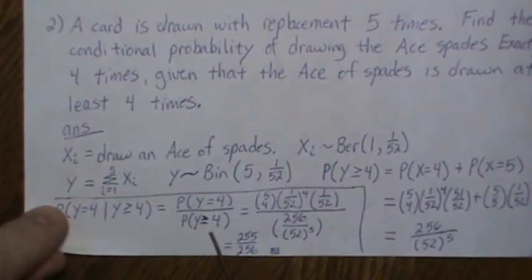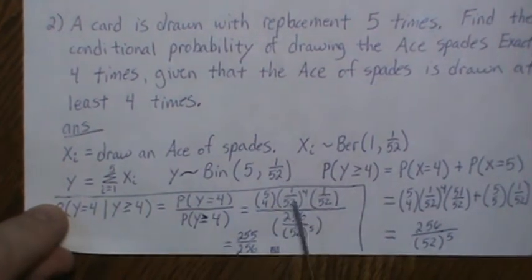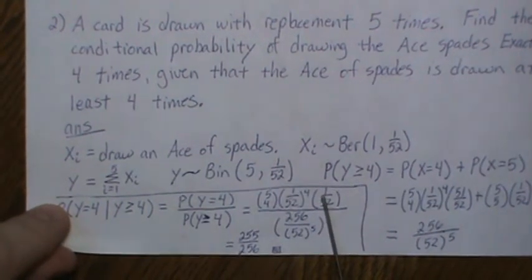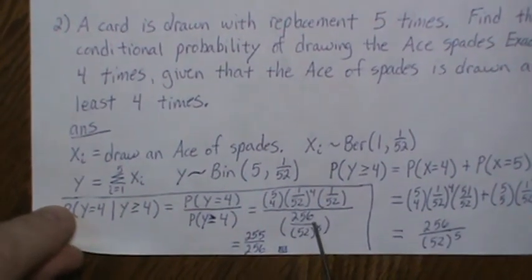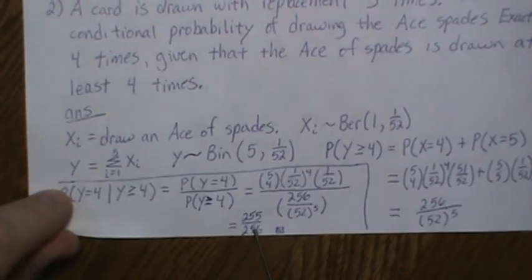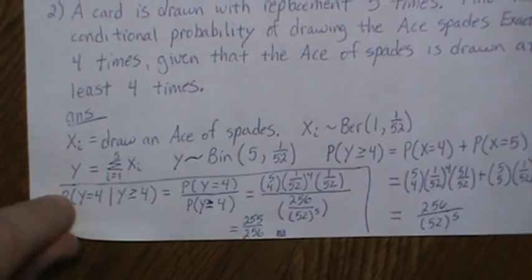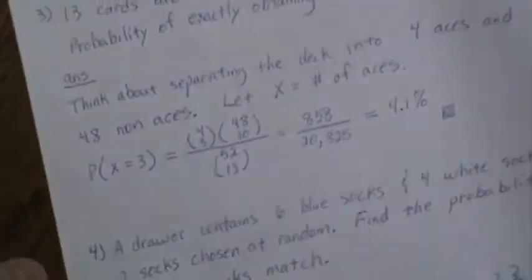And then that piece is the probability that Y is greater than or equal to 4. Well, this is a binomial, so you plug it into the binomial formula, same as this piece here. And then this is the probability that Y is greater than or equal to 4, which we calculated. You simplify that, you get 255 over 256. So almost a probability of 1.